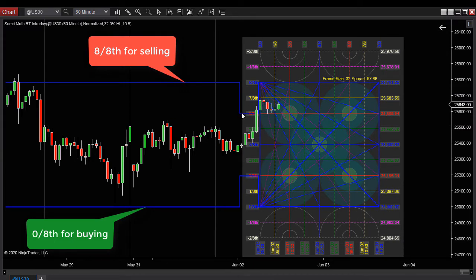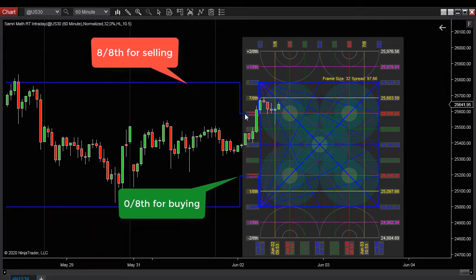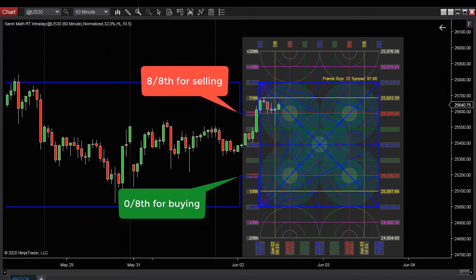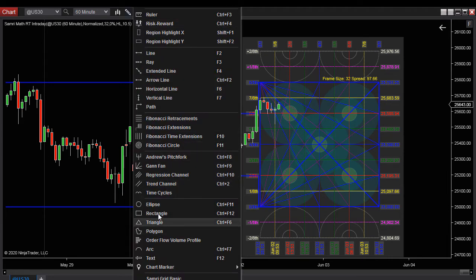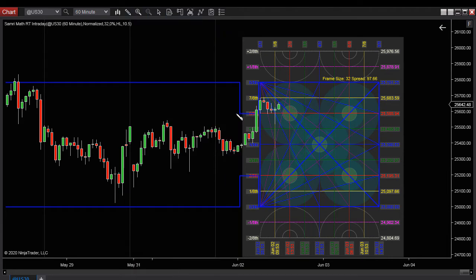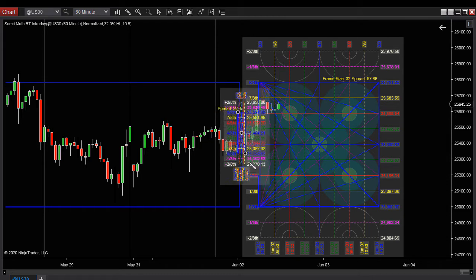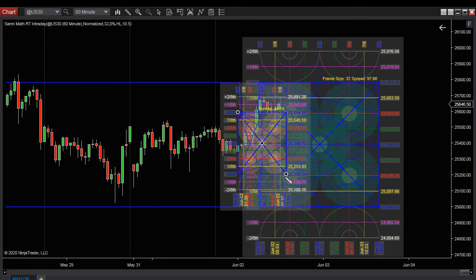Yesterday, the day before, and the day before, we had pretty much the same trading range, but during pre-market today, the range shrank for a bit of time. The range changed. The 0/8 was here and the 8/8 was here. So in that case, if I were to draw this manually, my grid would have been somewhere here at that time.